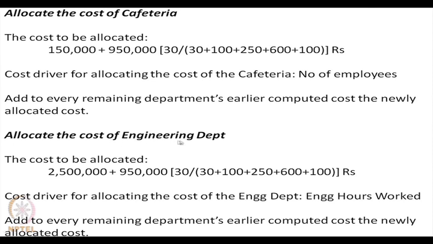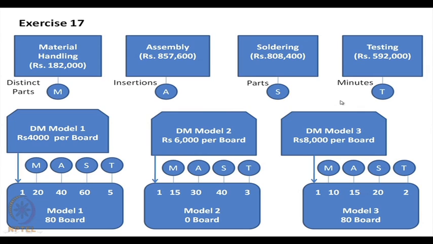Similarly, allocate the cost of engineering department later, and its cost driver is engineering hours worked. So, this is the way one would proceed. That is for exercise 16.